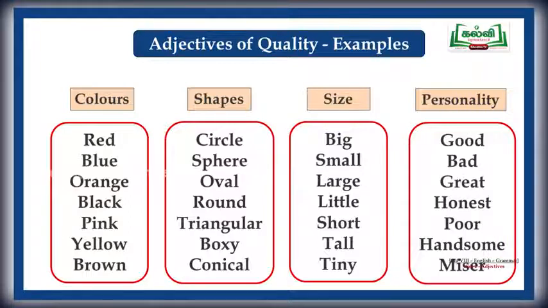So, good, bad, great, honest, poor, handsome, miser. These are some of the examples of words which describe personality. So, all these words come under adjectives of quality.